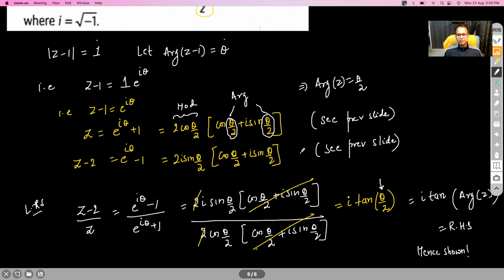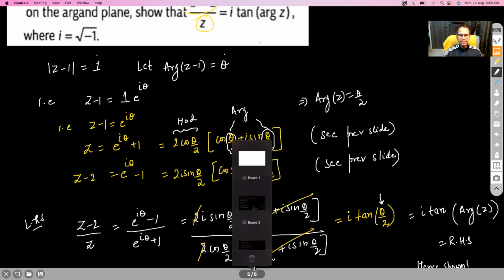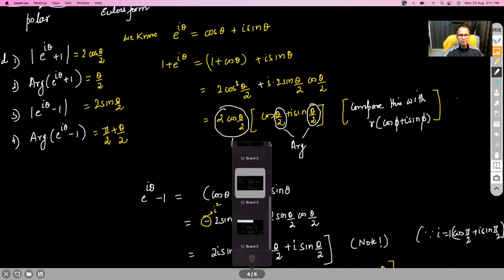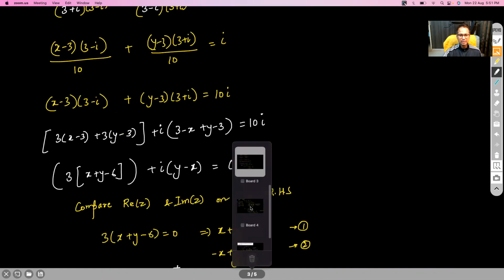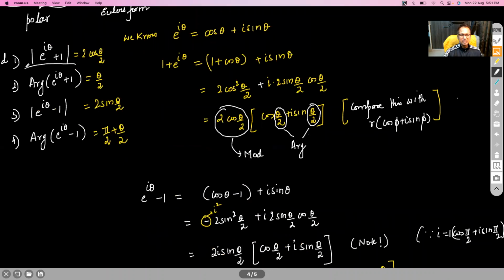So could you explain how the argument of z became theta by 2 here? Okay, so how did this become theta by 2? Let's go to the previous slides. This was the slide. This question, second part. Isn't this z for me in my next? Yeah, we had got it. Okay.